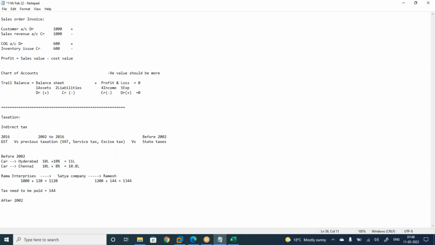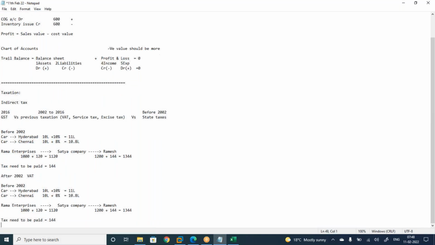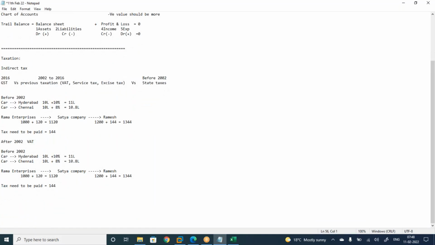After 2002, VAT came into the picture, because of a new government, most probably the Vajpayee government. At that time, the Prime Minister was Vajpayee. He changed the taxation like this. The same government said don't pay 144, pay 144 minus 120, which equals 24 only.